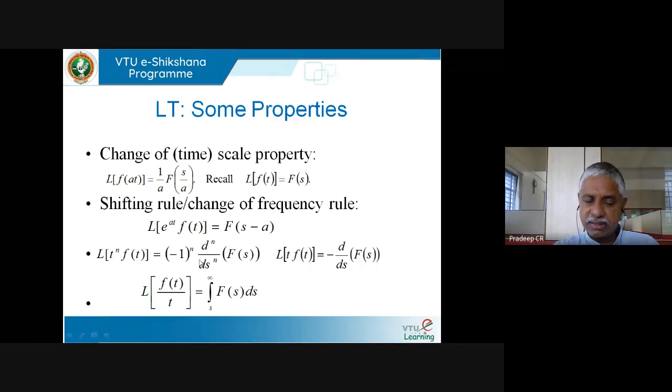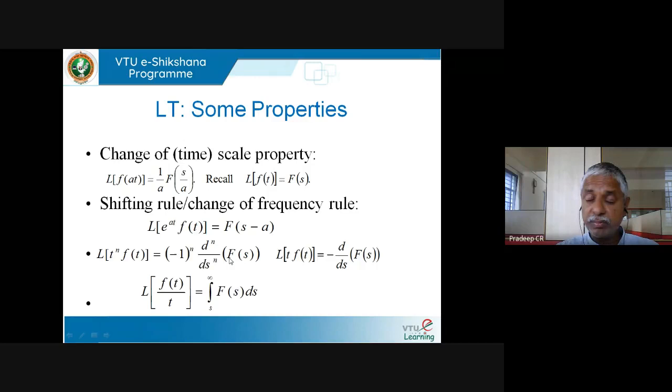That is the answer for Laplace of t to the power n into f. In general, theoretically, if I know the Laplace of f of t, I know the Laplace of t to the power 100 into f of t also. All I have to do is differentiate 100 times, so that's easy. But anyway, theoretically I know that.